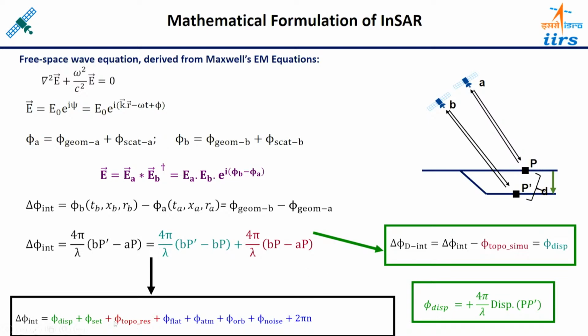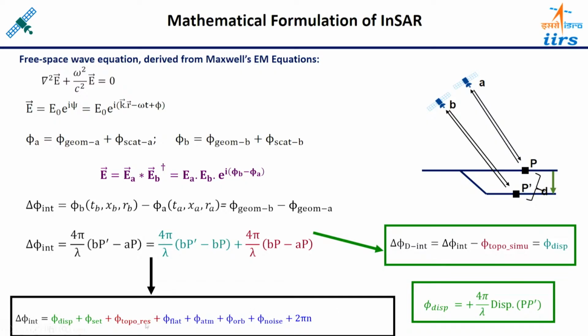These non-deforming phase components you have to remove, so that you can calculate the precise displacement phase, and hence the precise displacement. The precise calculation of phi displacement is not very easy. You have to remove these contributions, and these contributions you cannot remove in a single step.